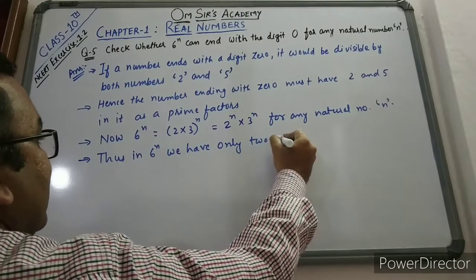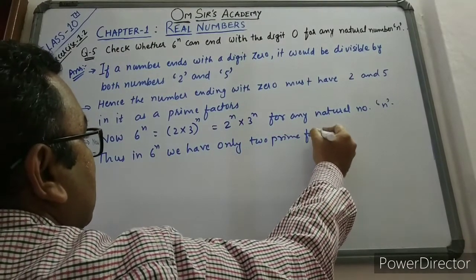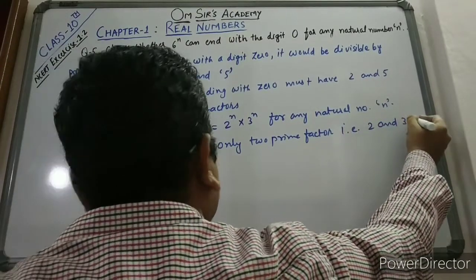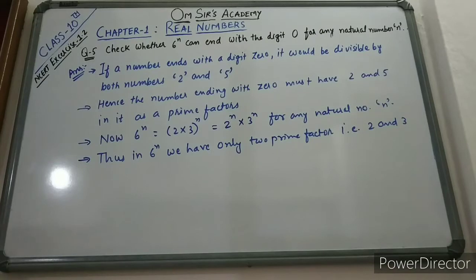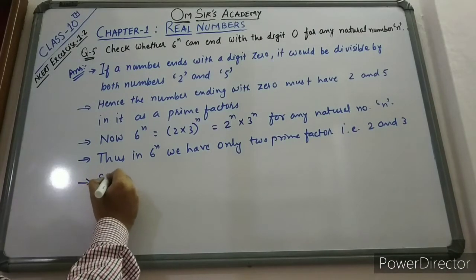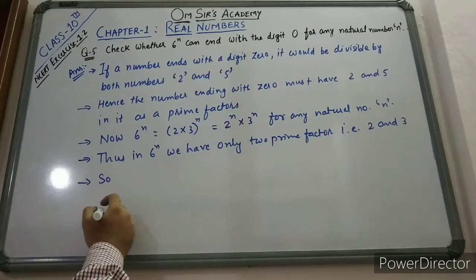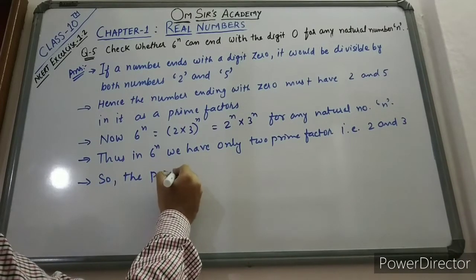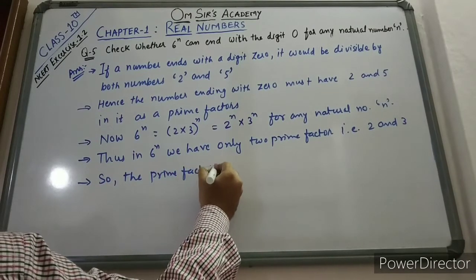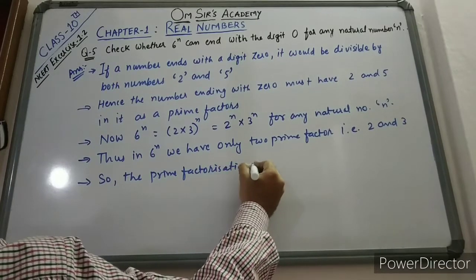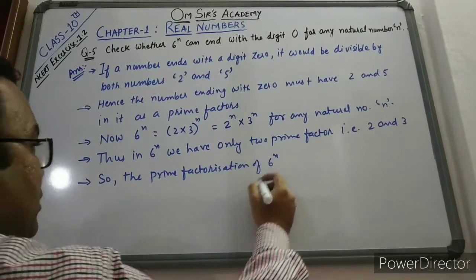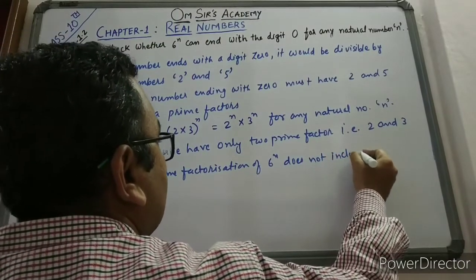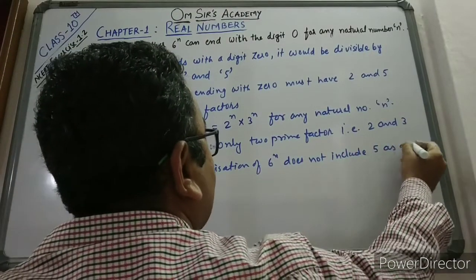So thus in 6 raised to n we have only two prime factors, that is 2 and 3. Is it clear? There are only two prime factors, 2 and 3. So the prime factorization of 6 raised to n does not include 5 as a prime factor.